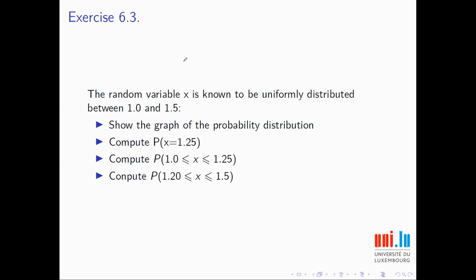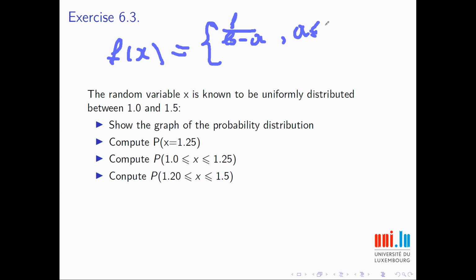Before we start, all the time you have to start with the formula, and the formula for our uniform distribution is 1 over b minus a, where x lies between a and b, a being the smallest of the supporting values and b the largest possible value our random variable can take, and 0 elsewhere.